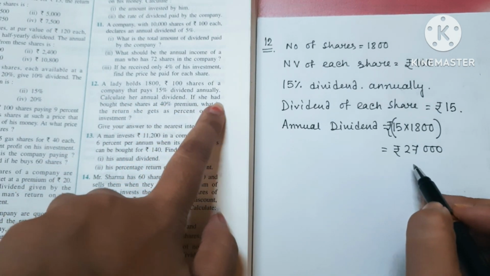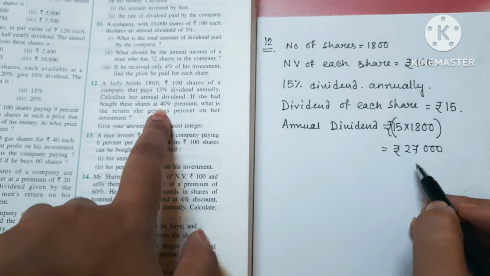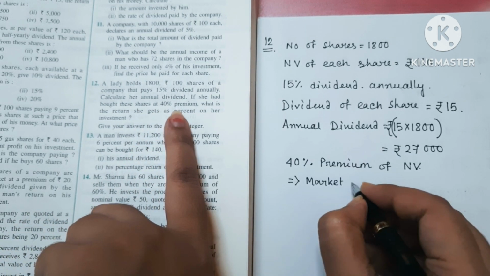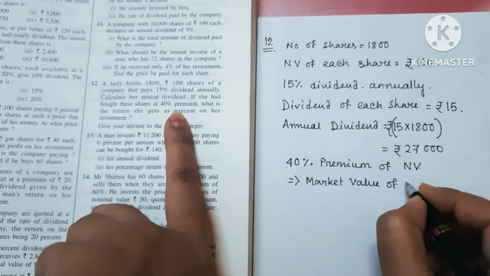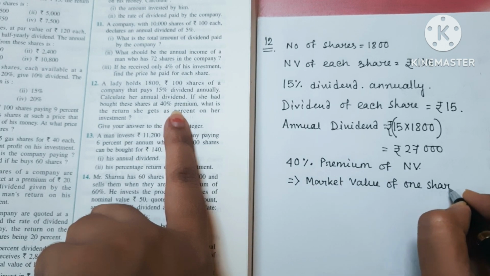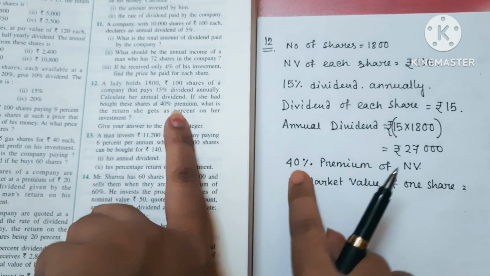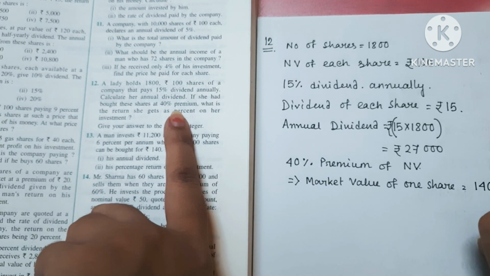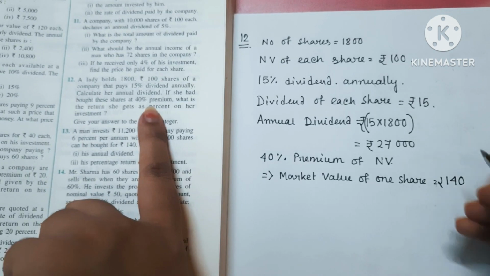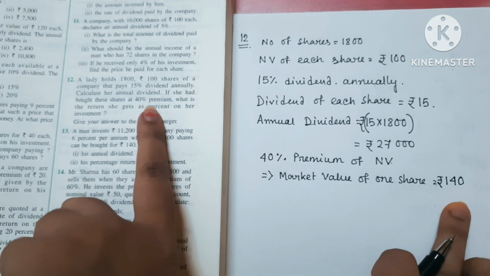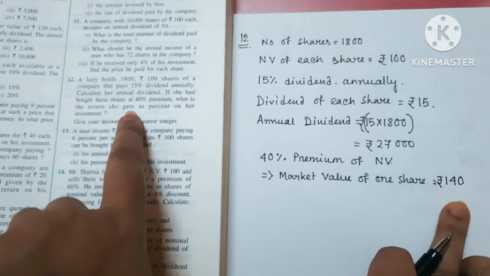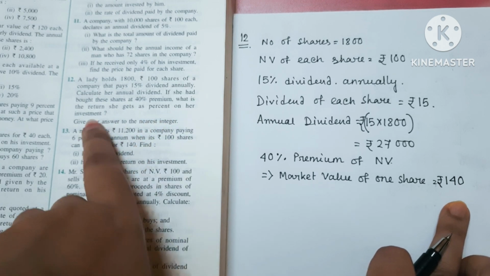If she had bought these shares at 40% premium, the market value of one share is 100 plus 40, 40% of 100 means 40, so 140. What is the return she gets as a percent on her investment?